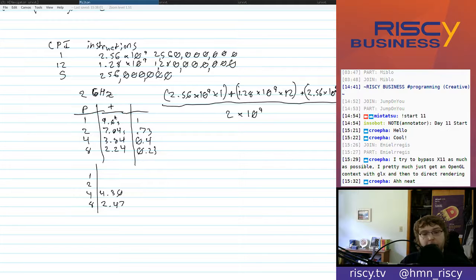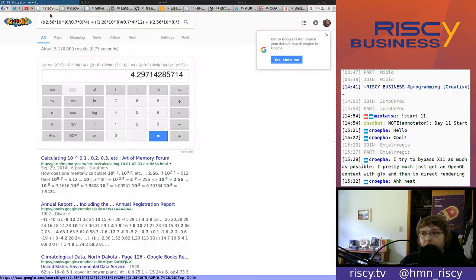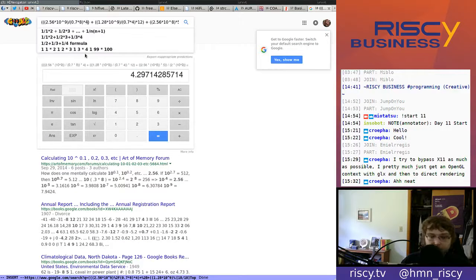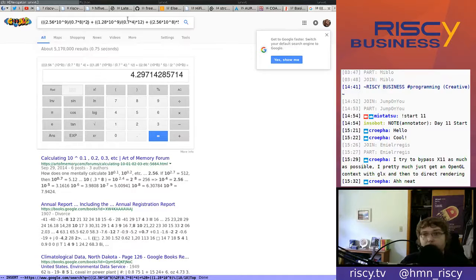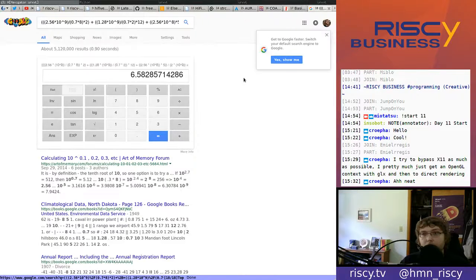And again, we're comparing to these values right here. And for two cores, 6.58.